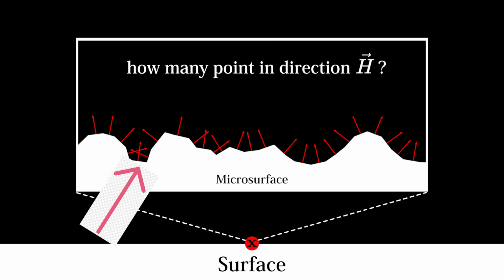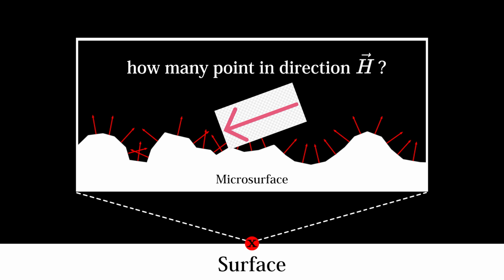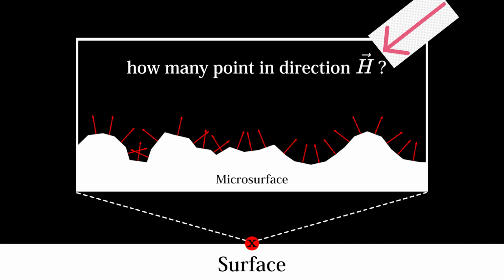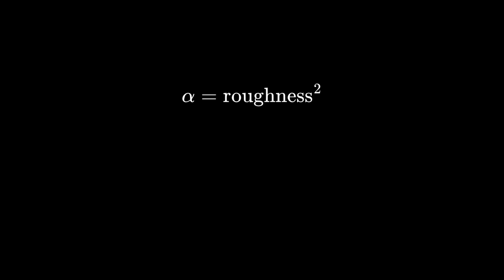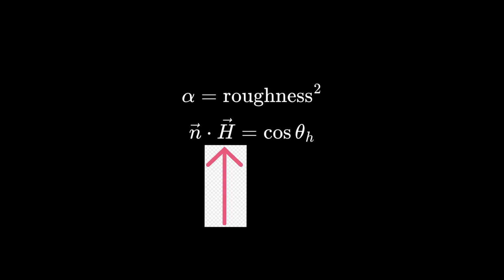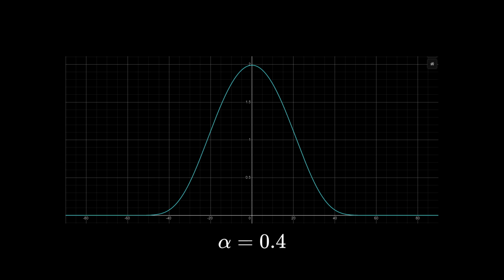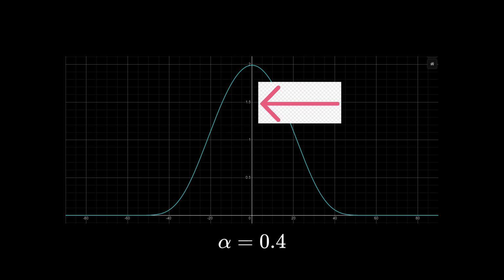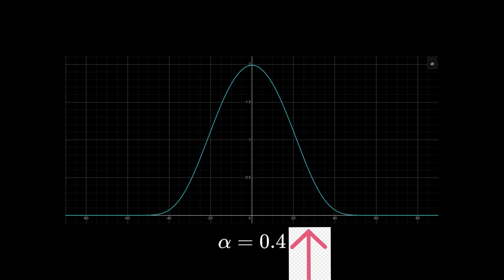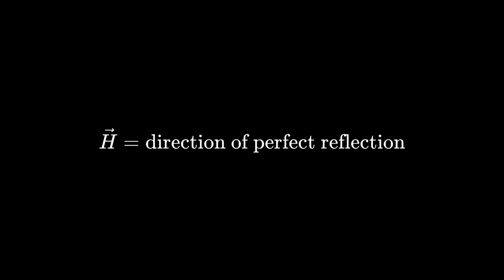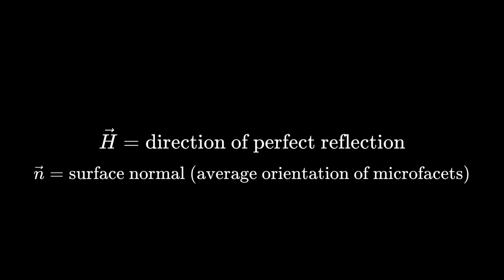If you recall from earlier, the distribution function describes the fraction of microfacets that are oriented in the direction of perfect reflection, and this is dependent on the roughness of the surface as well as the angle between the half vector and surface normal. This graph of the distributions shows how much light can be reflected based on how different the half vector is from the surface normal. Remember that the half vector is the direction of perfect reflection, and the surface normal is the average orientation of the microfacets.